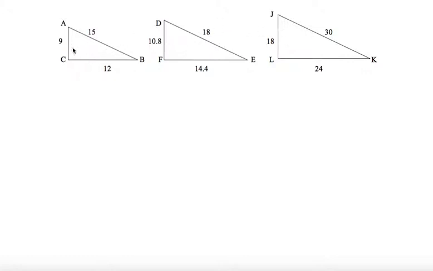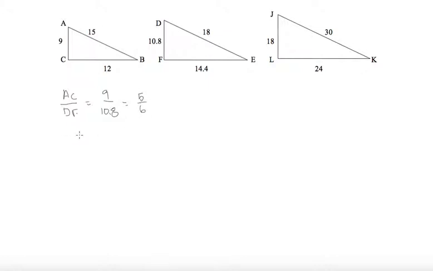So if we consider, for example, these two triangles, ABC and DEF, AC and DF would be corresponding sides. And if we ask what's the ratio of AC to DF? Well, that would be 9 over 10.8, or if we simplified it, it would just be 5 over 6.